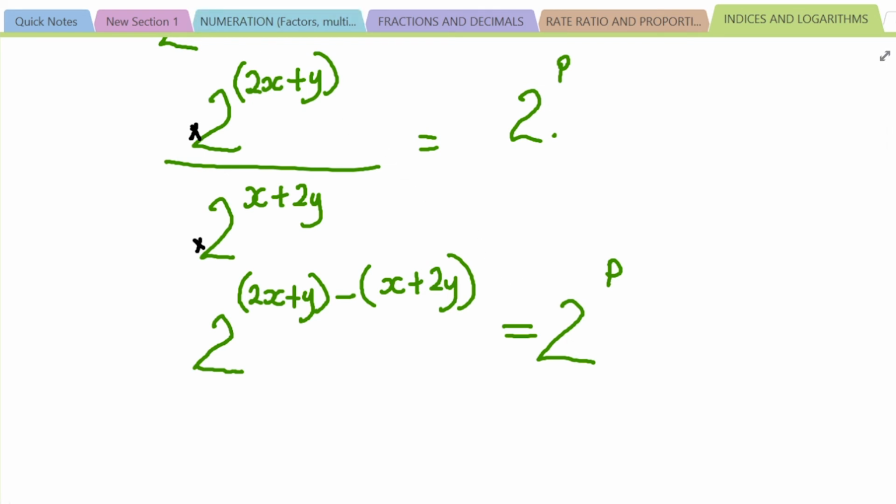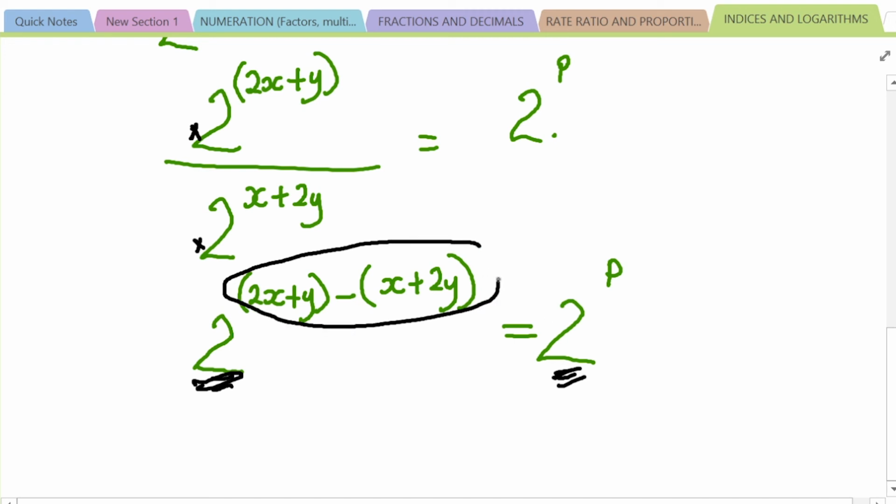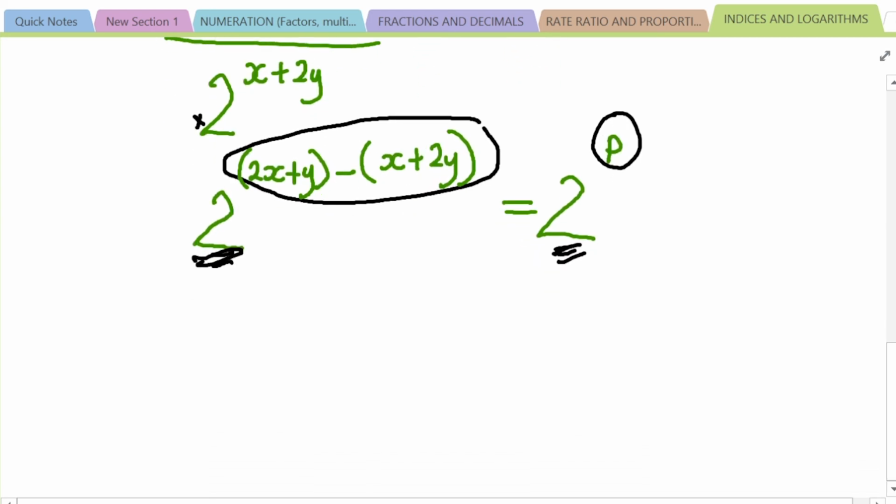So from there, we are able to see that, of course, the bases are the same, these two and that two are the same. So if these two and that two are the same, it means the powers should also be equal. It is from that point that we shall simply go ahead and say that P is equal to 2x plus y minus x plus 2y.